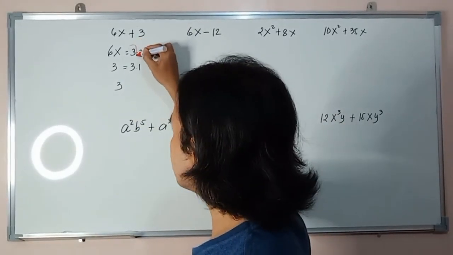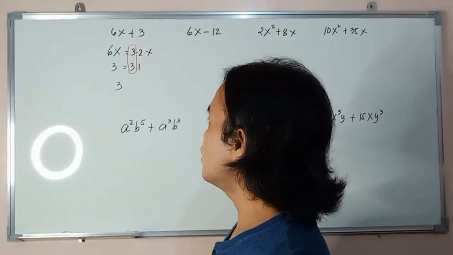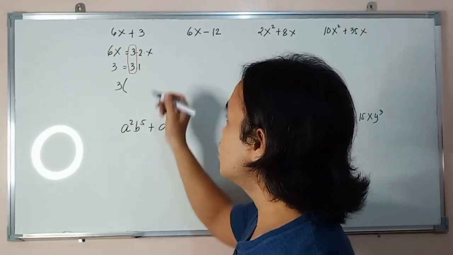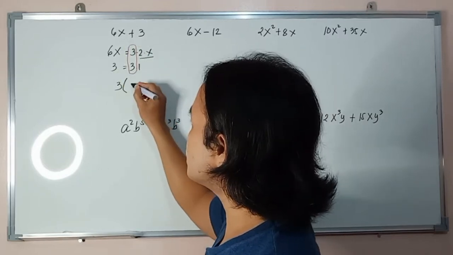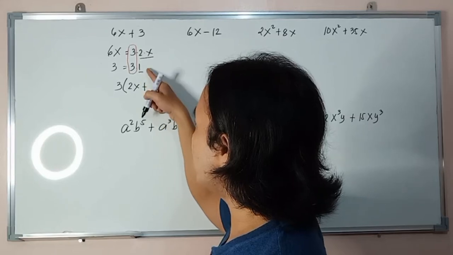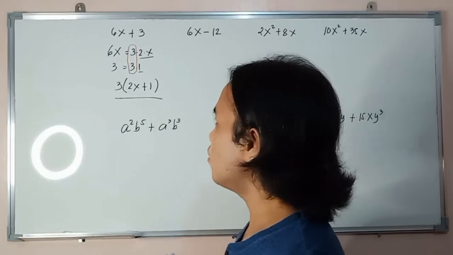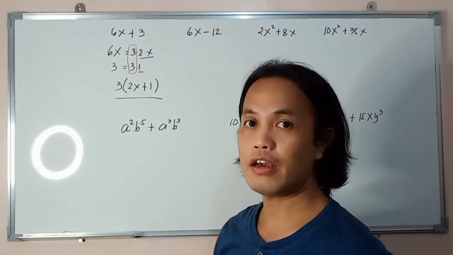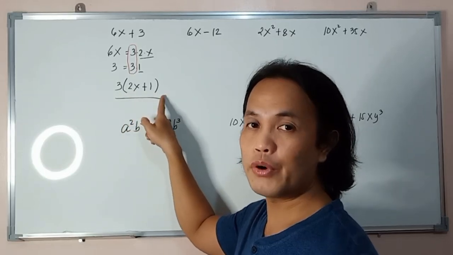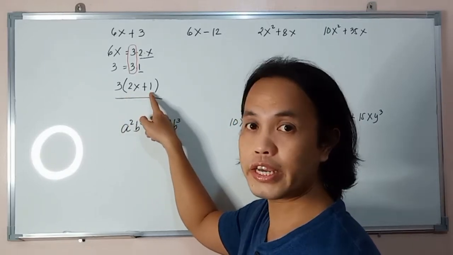What remains inside the parentheses is 2x for the first term, we copy plus, and we have 1 for the second term. So the factors of 6x plus 3 are 3 times 2x plus 1. Our common monomial factor is 3 and the remaining factor is 2x plus 1.